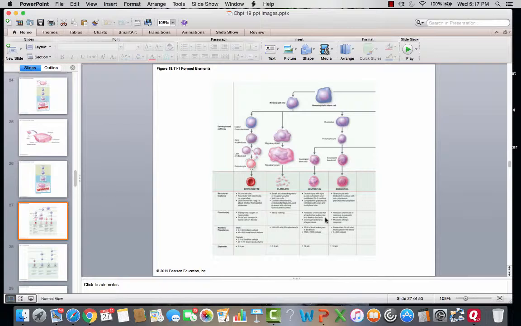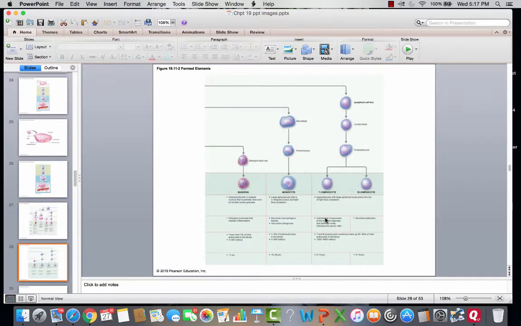The nice thing about this is we see all the cells in one place. We see what they look like. We see who they come from. Remember, all of these formed elements come from hematopoietic stem cells. So look over page 736 and 737 to sort of tie everything together in our minds.